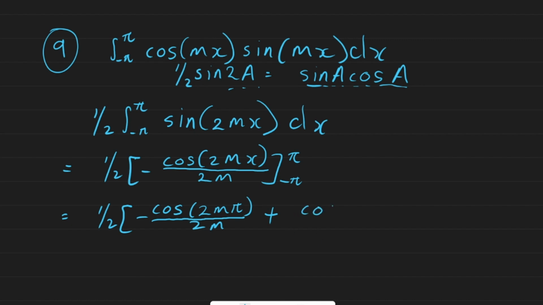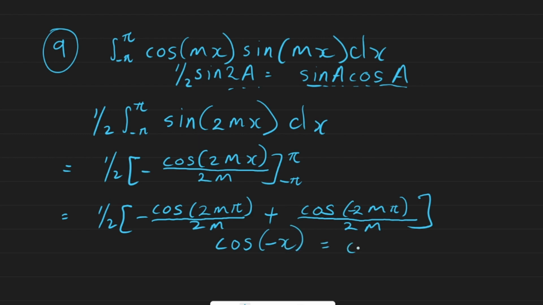So it's plus cos of minus 2m pi. So once again, we just remember that cos of minus x is just cos x. So it means that this term is essentially the same as that term. So they just cancel each other, minus and plus. So this term also gives us 0.